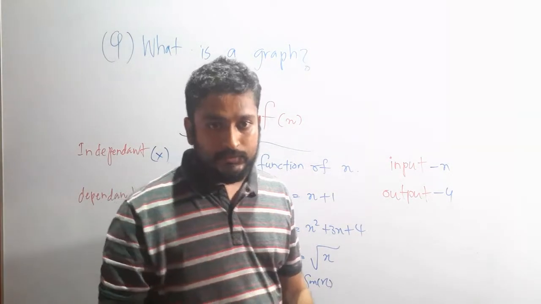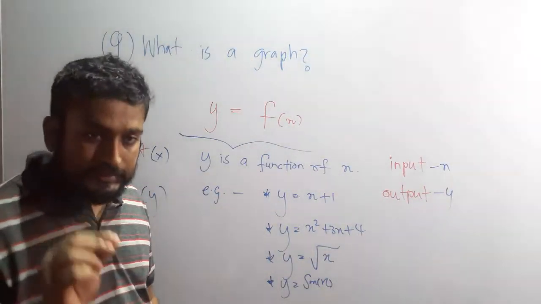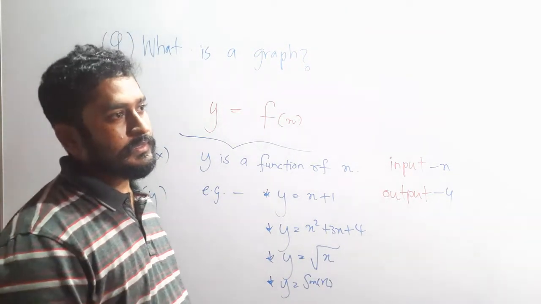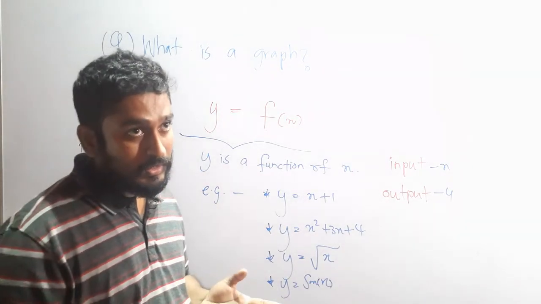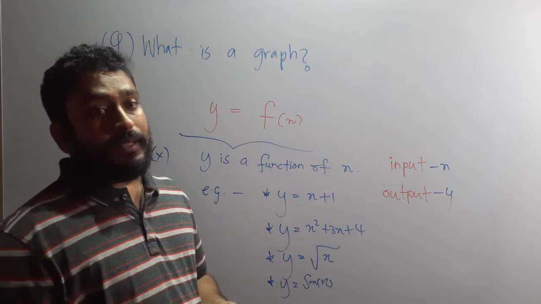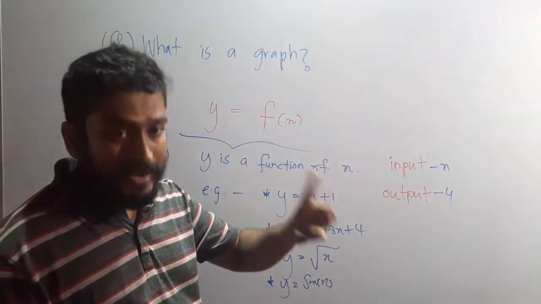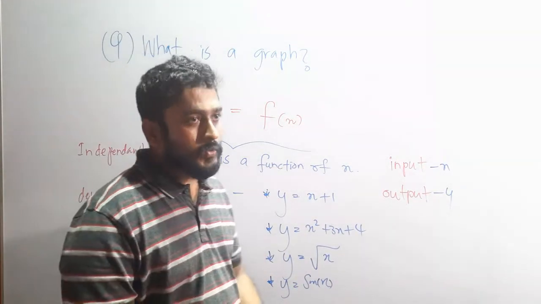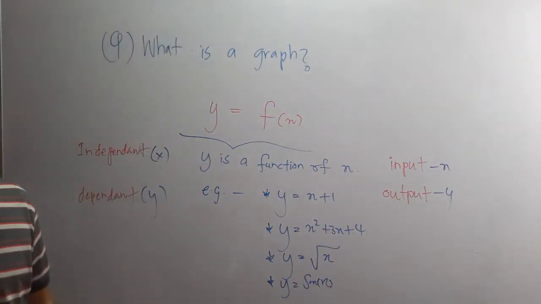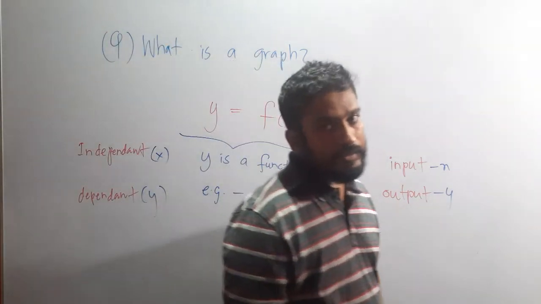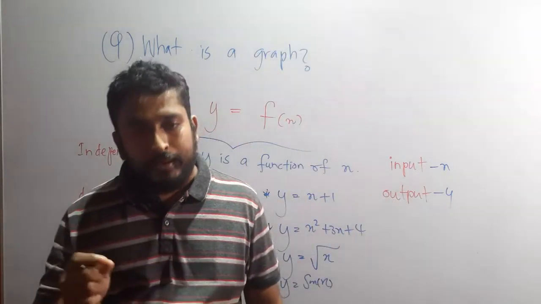Due to this, for the same point, we call x as the independent variable and y as the dependent variable.